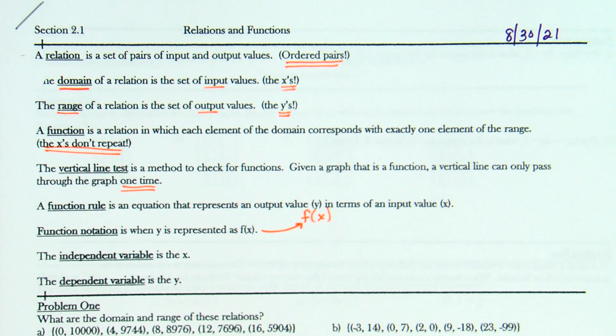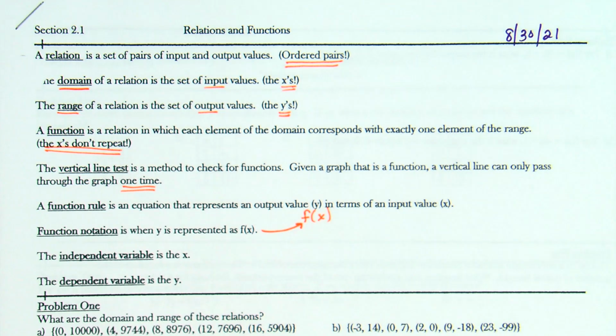We can't stop time and make 5 seconds longer or shorter or something. So it's independent. Now, dependent is what depends on that. So time has to pass if we're going to measure the height of something or a distance or whatever it might be. So x is independent, or another way to think, the horizontal axis is always your independent variable. The vertical axis is always your dependent variable.